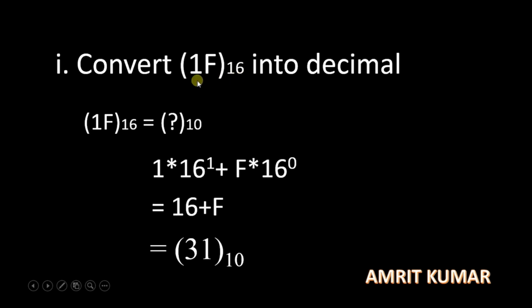Therefore, this is a hexadecimal number system, and its range is from 0 to 9 and from A to F. So how will we proceed? How will we convert a hexadecimal value into a decimal number?